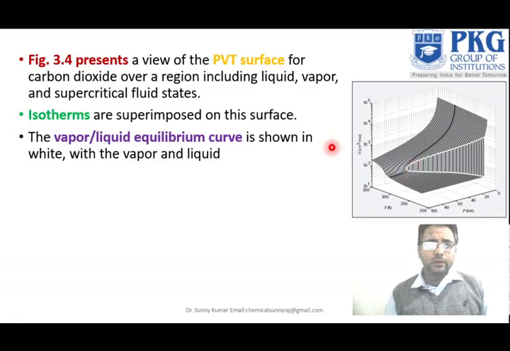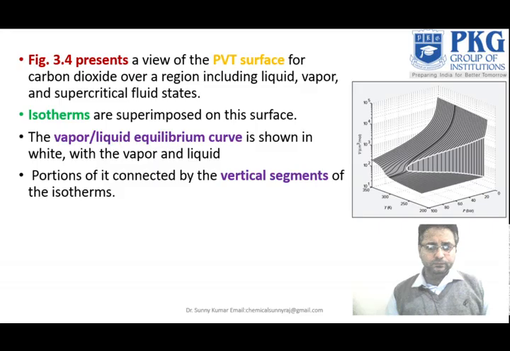The vapor-liquid equilibrium curve is shown in white, with the vapor and liquid portions connected by a vertical segment. This is a vertical segment which is connected to this white line of the isotherm.